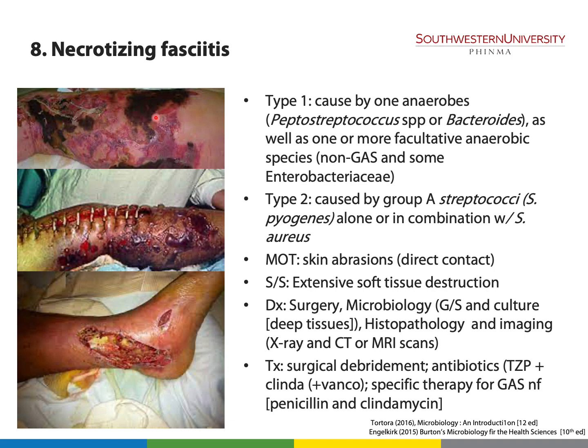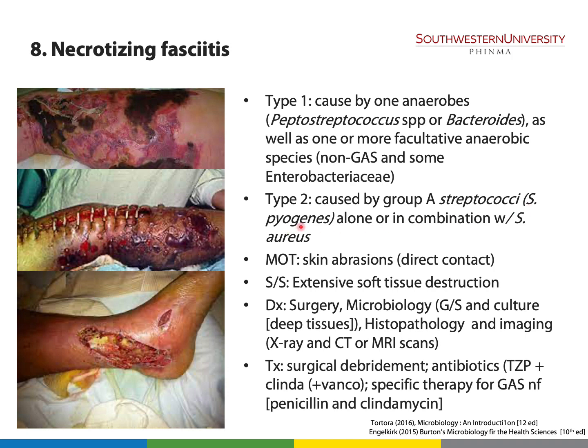You have different causative agents for necrotizing fasciitis. Type 1 is usually caused by anaerobes like your Streptococcus or your Bacteroides, as well as facultative anaerobes, that is group A strep, and some Enterobacteriaceae like your Proteus. Your type 2 necrotizing fasciitis is caused by your group A Streptococcus.